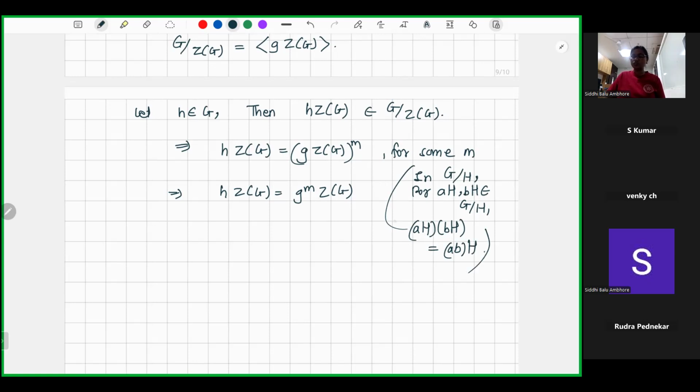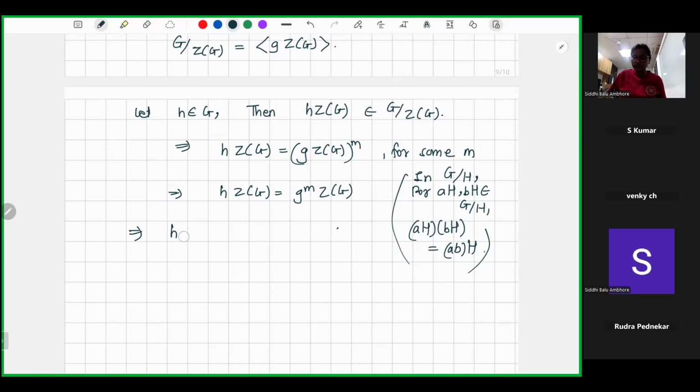Okay, so just using that here. So if I do this, you will get that this GZG power M is just this G power M. So this implies HZG is equal to G power M ZG. Okay, I just rewrote it. This implies by quotient property.